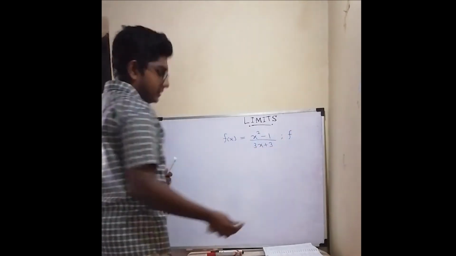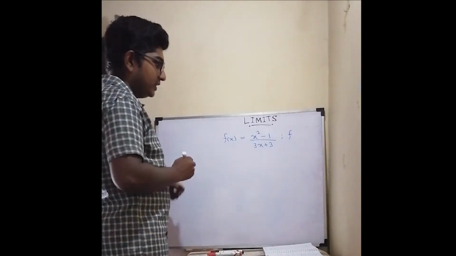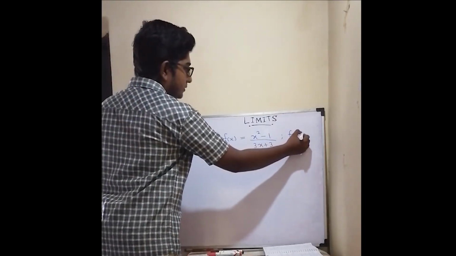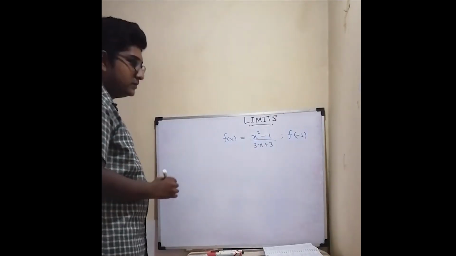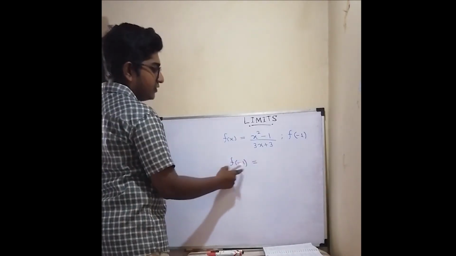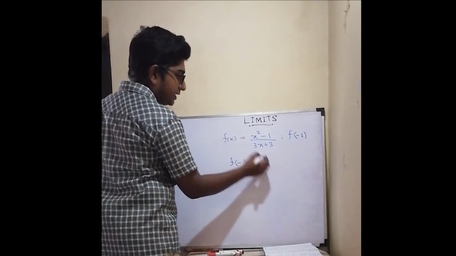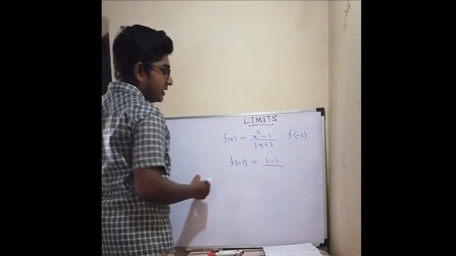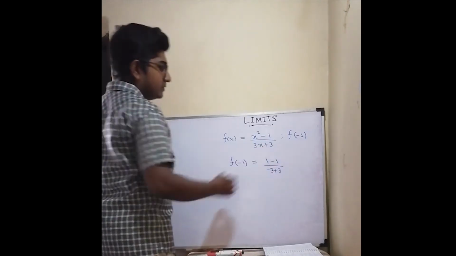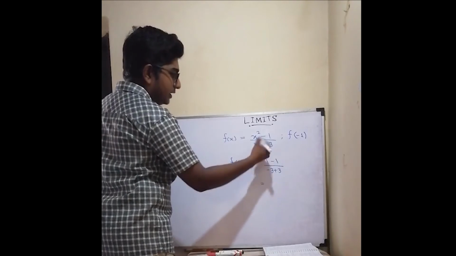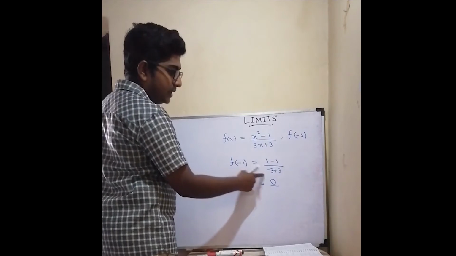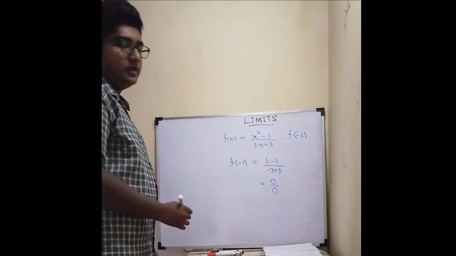If they have asked what is the value of this function when x equals minus 1, see carefully. When x equals minus 1, that is f of minus 1 becomes minus 1 squared 1, 3 into minus 1, that is minus 3. In numerator we have 0, that is acceptable, divided by denominator it is also 0.